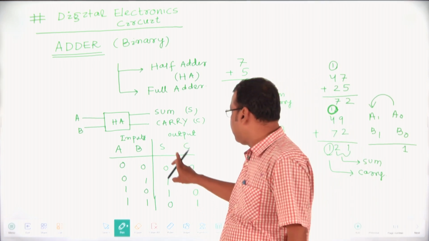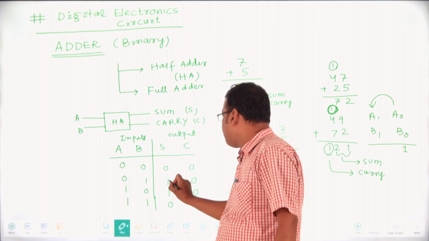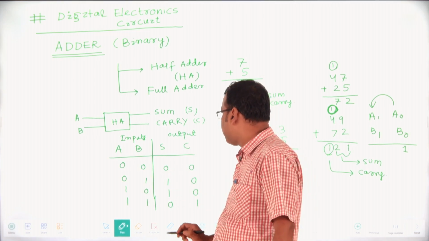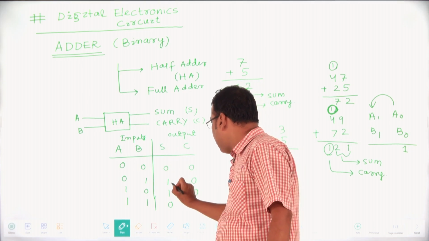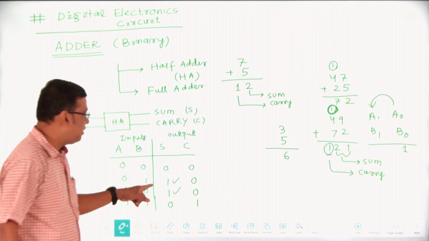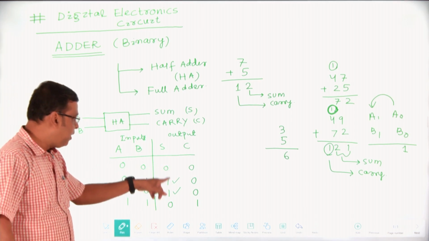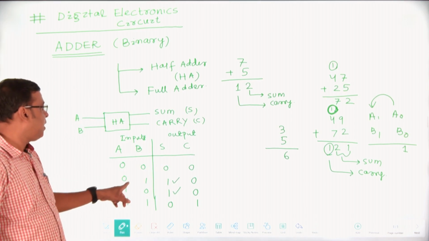First of all, in the output, we have to notice when the output is high, or 1. For sum, the output is 1 here and here, and note the corresponding input: A 0, B 1 and A 1, B 0.